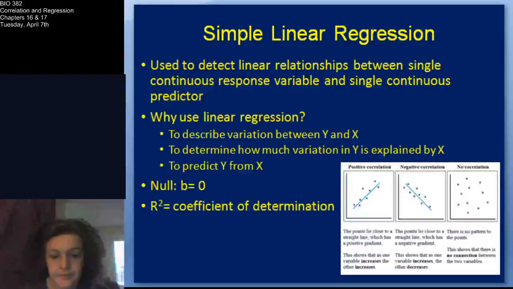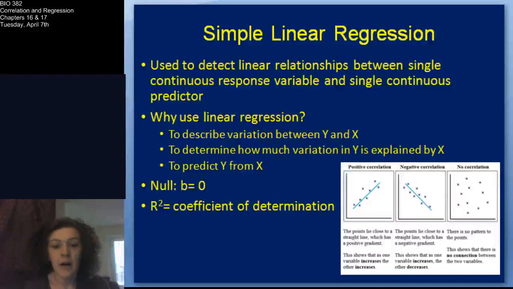It's called simple linear regression because you have one x variable and one y variable, as opposed to multiple linear regression, where you have potentially multiple predictors explaining variation in a response variable. Linear regression is used to detect linear relationships between a single continuous response variable and a continuous predictor.